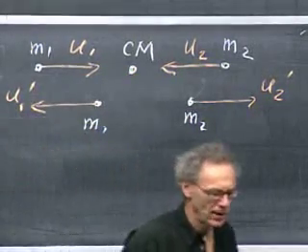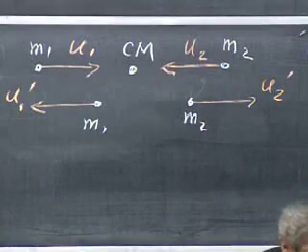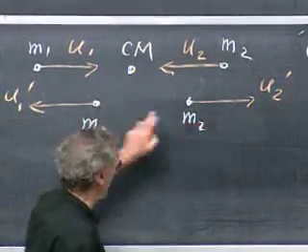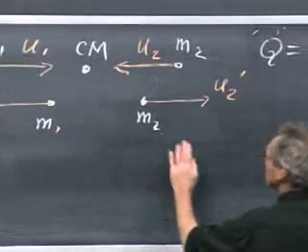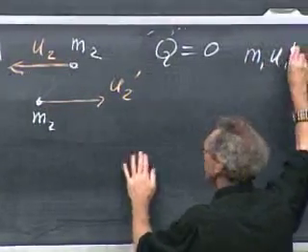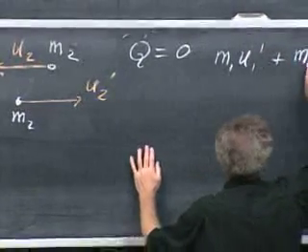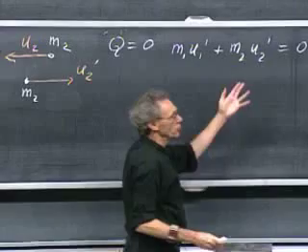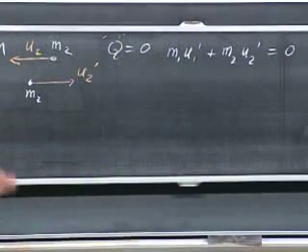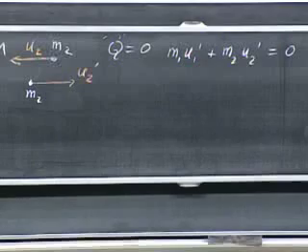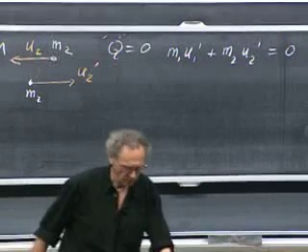That's the situation after the collision. Now I know that momentum is zero, so I already can write down for this situation after the collision that m1 times u1 prime plus m2 times u2 prime must be zero. I don't write them down as vectors. That's not necessary because it's a one-dimensional collision, and the signs will automatically take care of the directions.